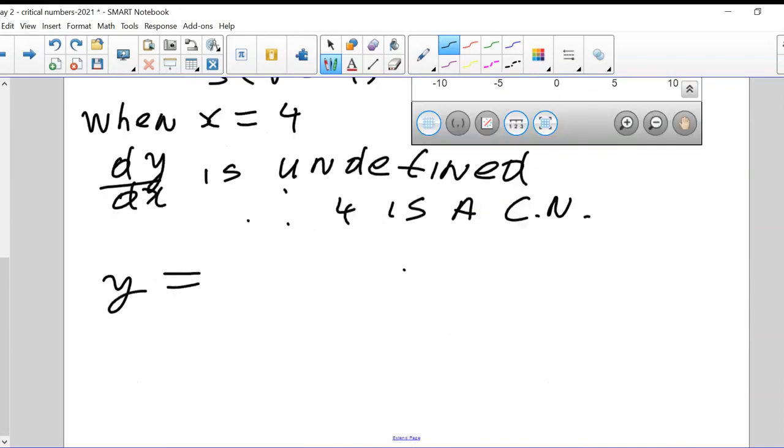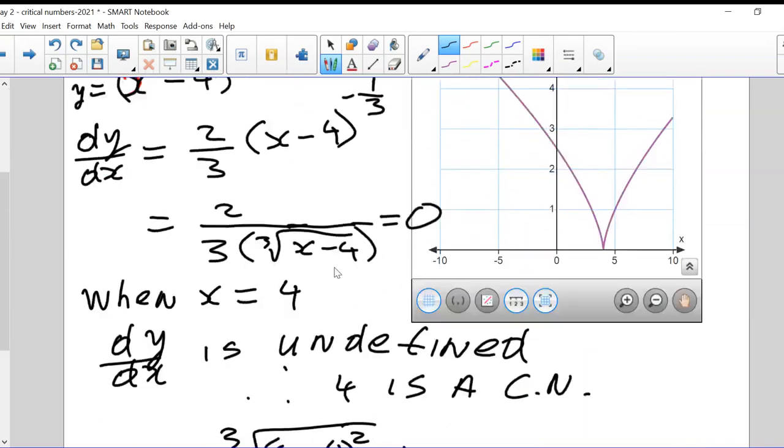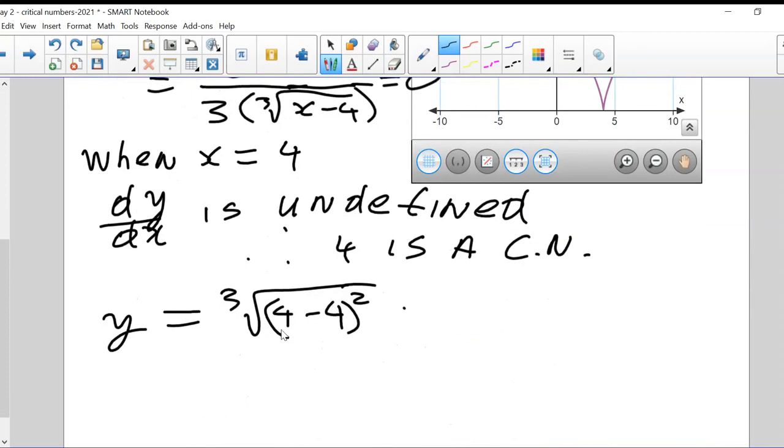So y is equal to the cube root of 4 minus 4 squared. Let me show you the function again. It's cube root x minus 4 squared. So I'm putting in my 4 as my critical number, 4 minus 4 squared, and that's very clearly equal to 0.